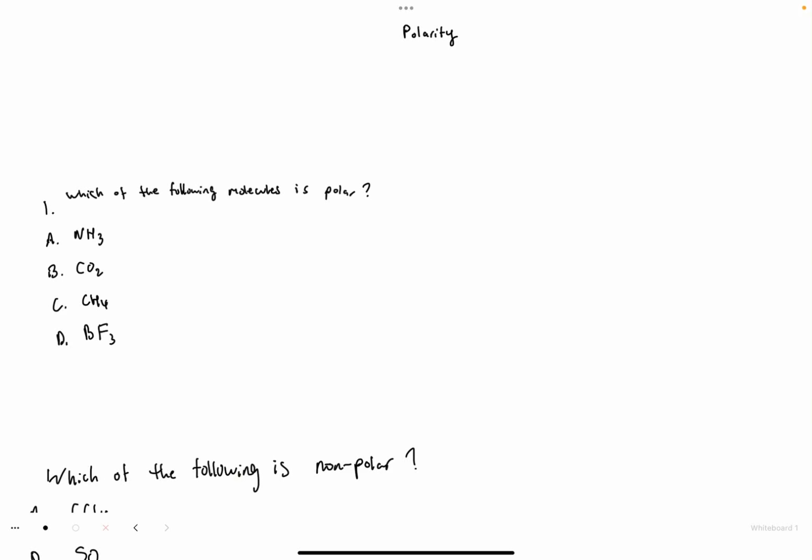So the two things to note about polarity is that one, you want to see if all of your terminal atoms are the same. And then two, you want to see if you have lone pairs on the central atom.